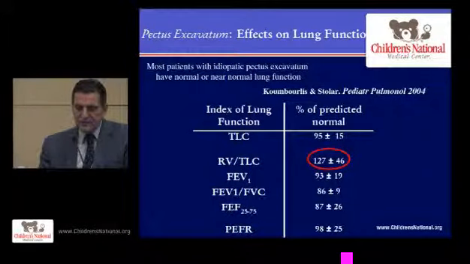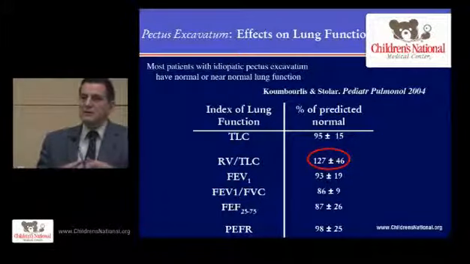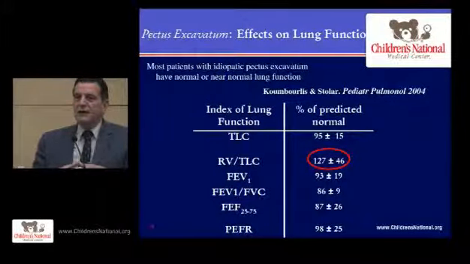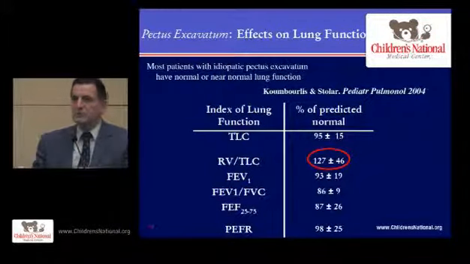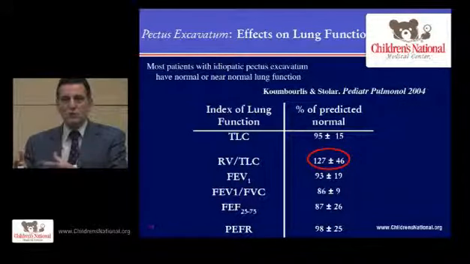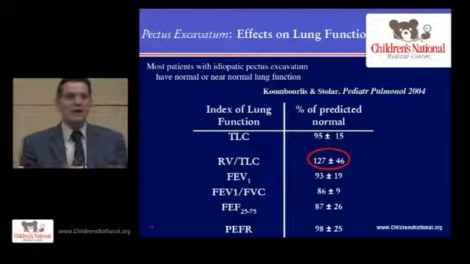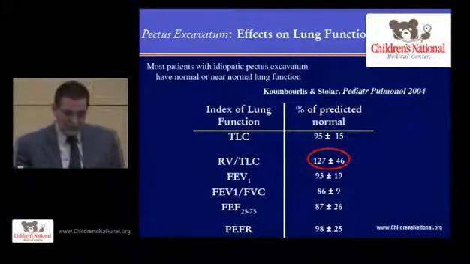And the only thing that we found was that they had a certain degree of air trapping, which was a peculiar finding initially, because air trapping is associated with obstructive diseases, asthma, these kinds of things. And pectus in most of the textbooks is described as a condition that is going to cause a restrictive problem. So we could not really reconcile.